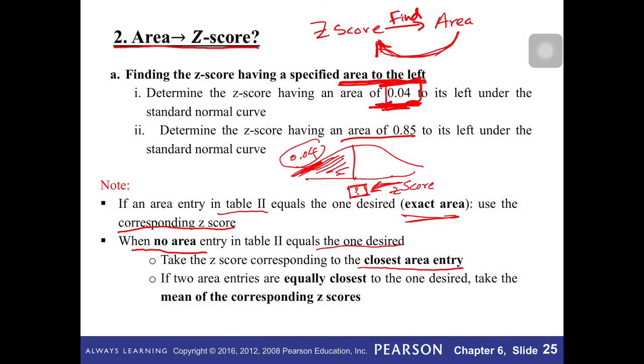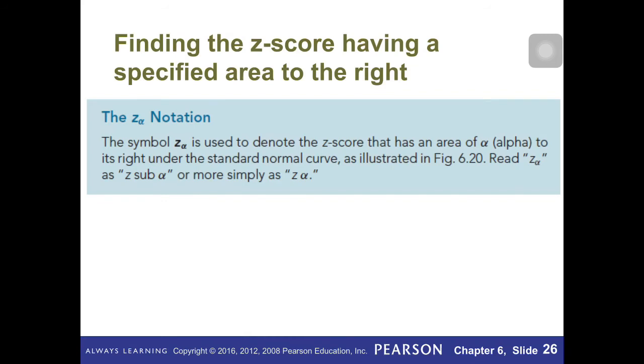The Z score for area 0.04 is negative 1.75. That's how you deal with it.